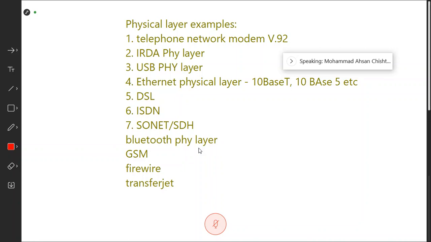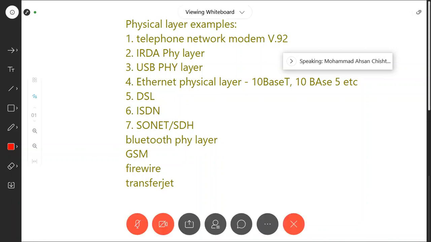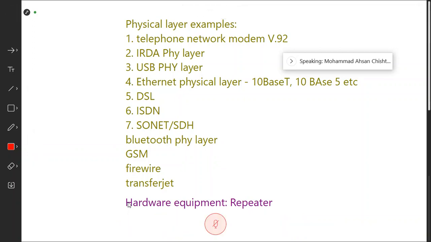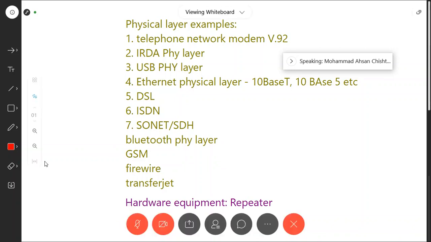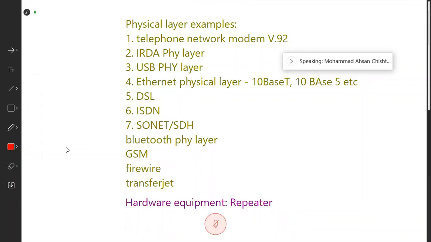Because its work has been taken up by switches and hubs. By repeater, the name itself says it repeats something. It so happens that if you use a certain type of wire, let's say Cat6 wire, its maximum distance that it can transmit a signal is, let's say, 100 meters. Now, what happens if you are connecting two hostels and it's more than 100 meters?